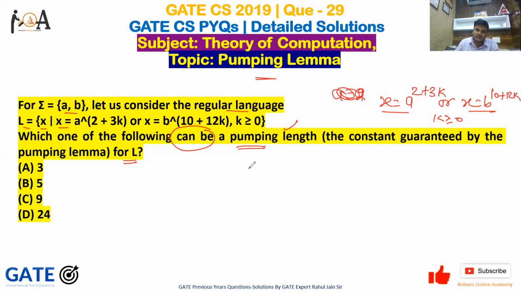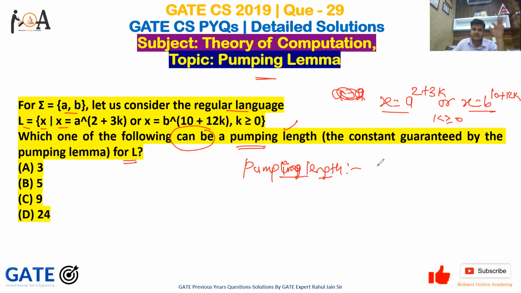So you all know the pumping length concept. The pumping length concept simply says that if there are n states in any automata, then we will take at least one string of length n plus one. For that n plus one length string, there must be either a self loop or a cycle.